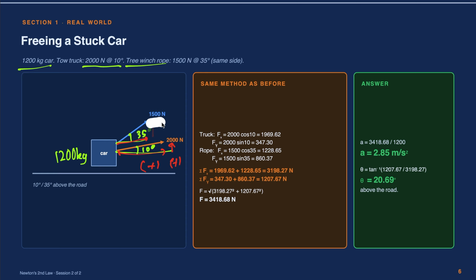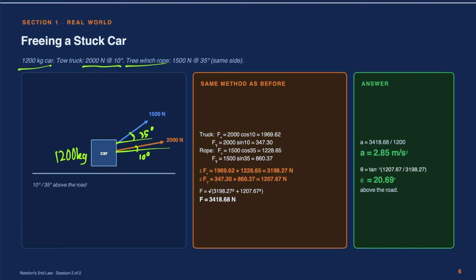So let me erase that and draw back my angles. 10 degrees, 35 degrees. Okay, so let's find the total force, and then let's find the acceleration of the car, as well as the angle of acceleration of the car. The net force, the angle of the net force, yeah.